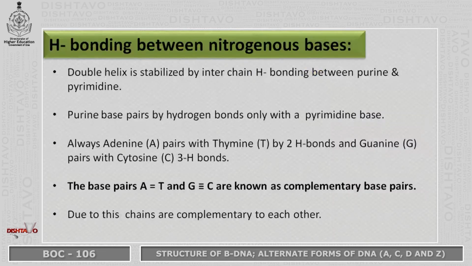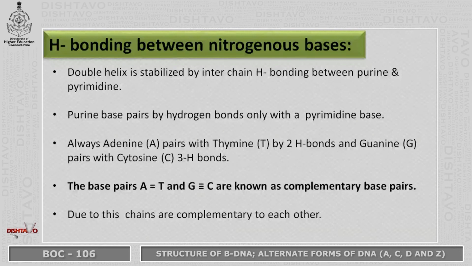Hydrogen bonding between nitrogenous bases. The double helix is stabilized by interchain hydrogen bonding between purine and pyrimidine. A purine base pairs by hydrogen bond only with a pyrimidine base. Always, adenine pairs with thymine by 2 hydrogen bonds and guanine pairs with cytosine with 3 hydrogen bonds.